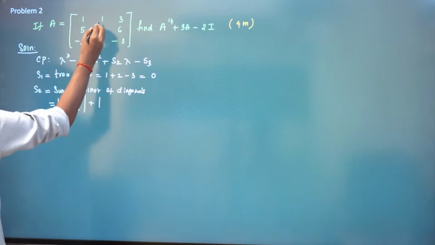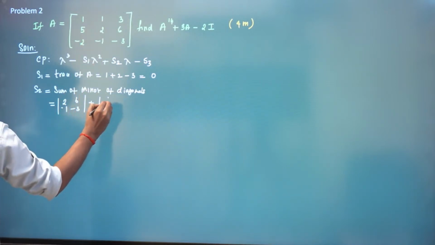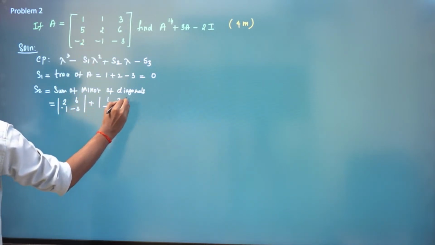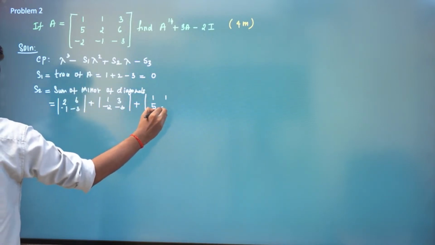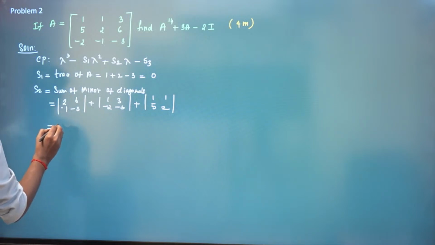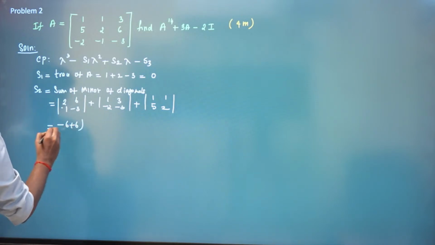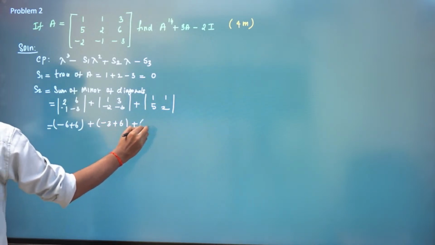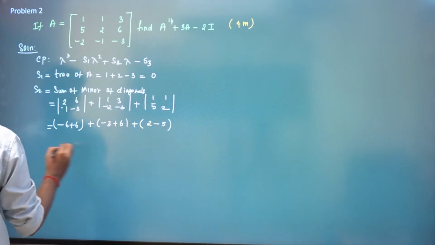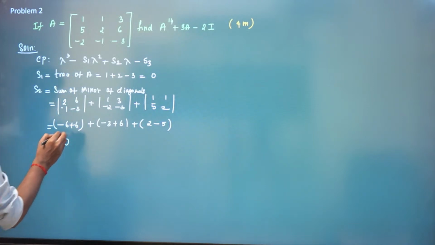And the minor for 2 is 1, 3, minus 2, minus 3. And the minor for minus 3 is 1, 1, 5, 2. So this will be minus 6 plus 6, this is minus 3 plus 6, and this is 2 minus 5. So again this is 0, right? Minus 3 plus 3 will be 0.